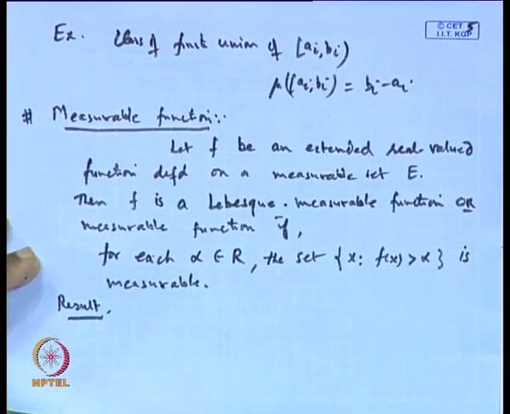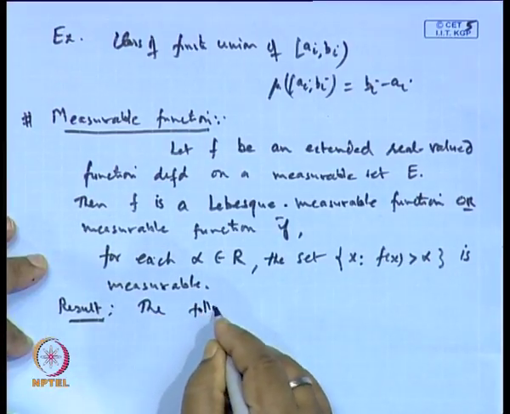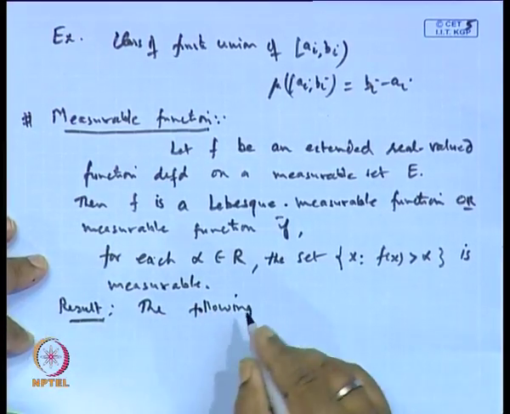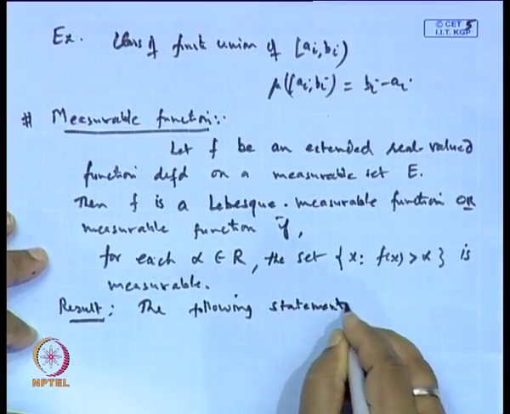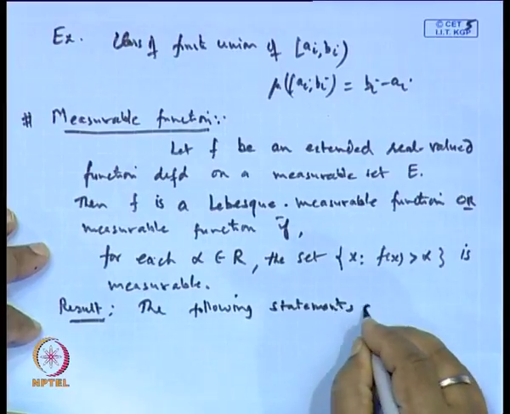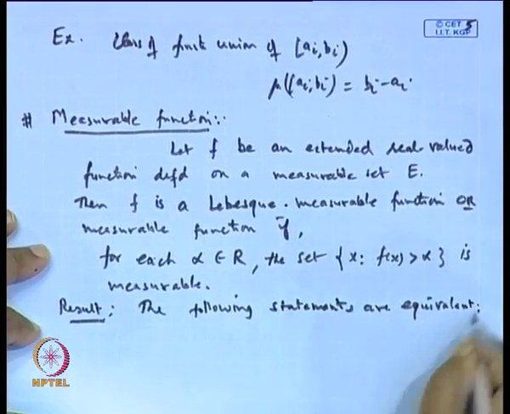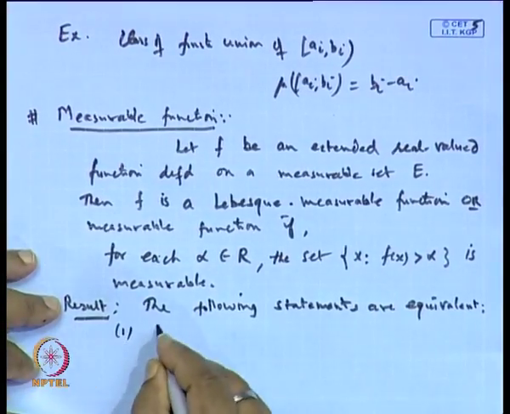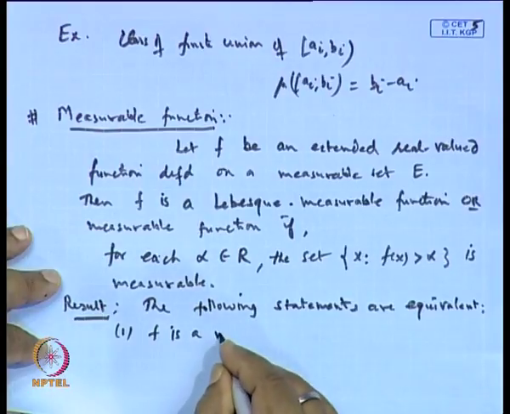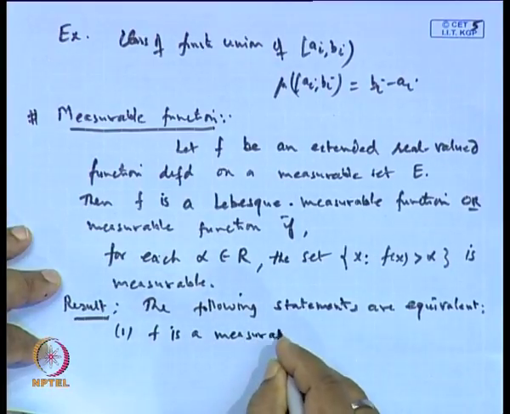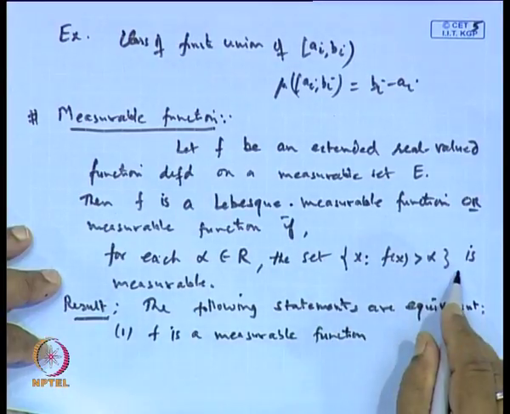And this definition is equivalent to the following conditions. The following statements are equivalent. The first is that f is a measurable function, which means the set where f(x) is greater than alpha is Lebesgue measurable.